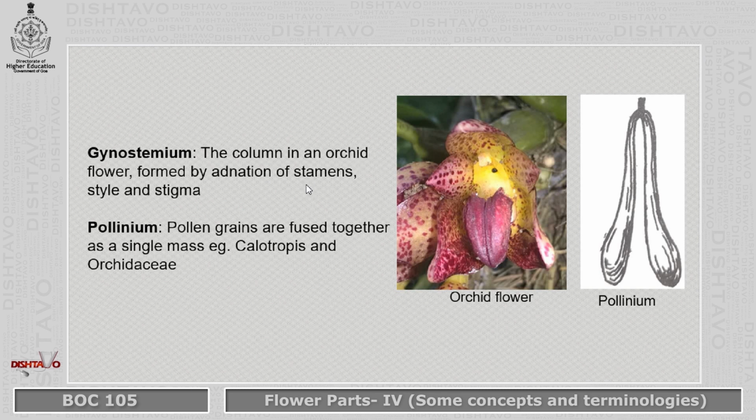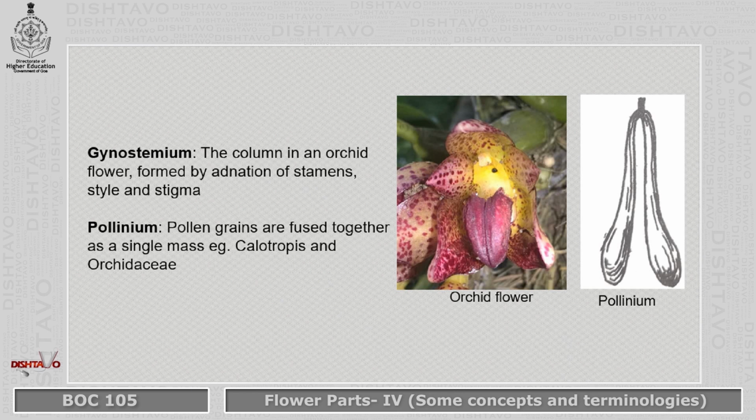Gynostemium is the condition which can be found in Orchidaceae, where stamens are completely absent, and the adnation of the filament and the stigma forms a column, and then it is called the gynostemium. Here in this stamen, the pollens have a peculiar structure called pollinium.